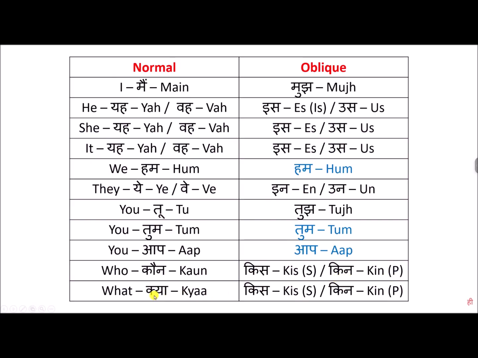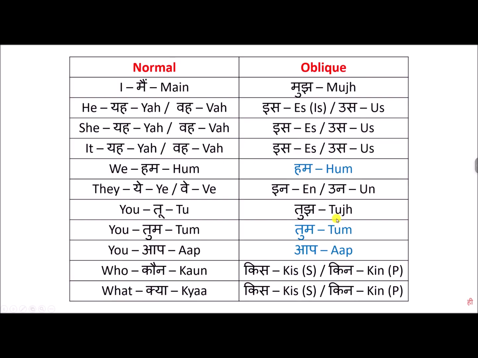What is क्या, it is किस for singular, किन for plural. All right. मुझ, इस, उस, इन, उन, तुझ, किस, किन. So these are the oblique pronouns.